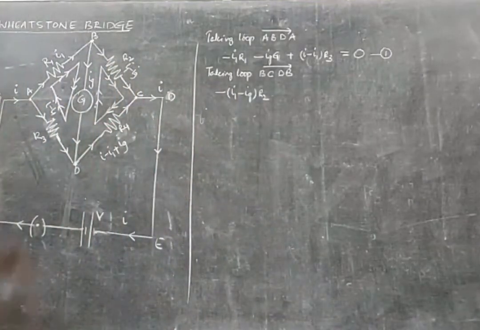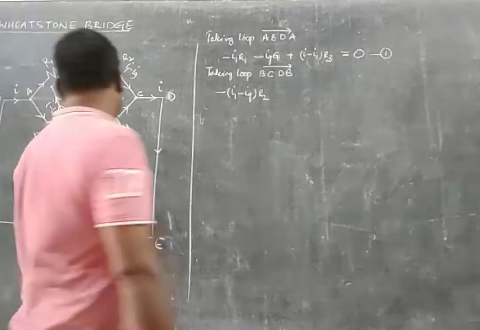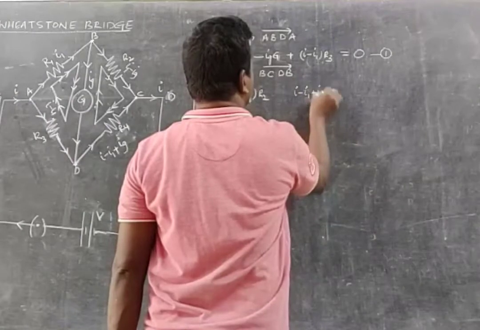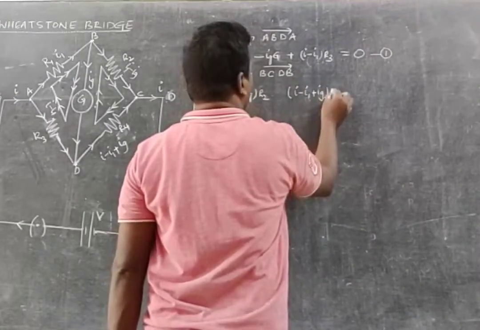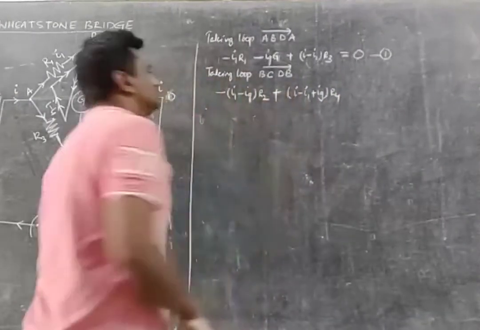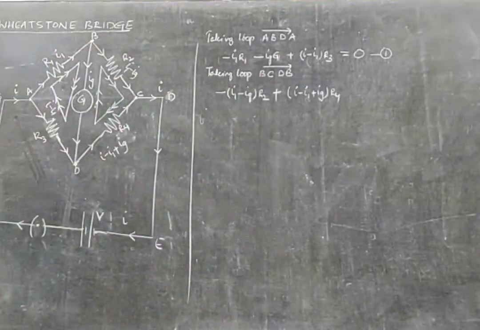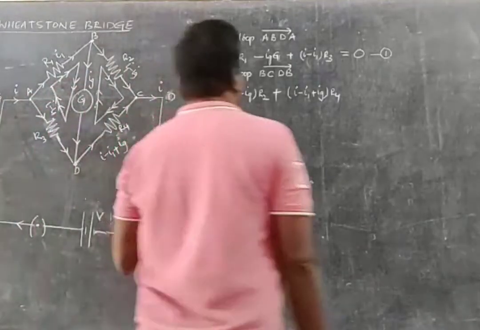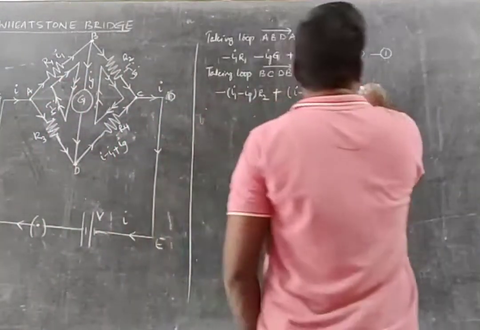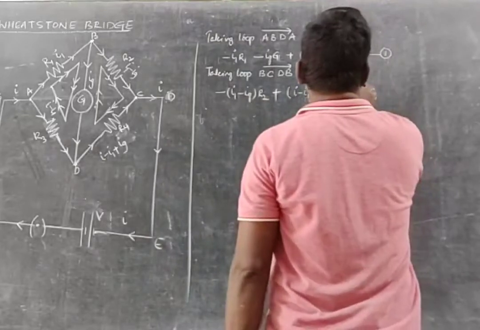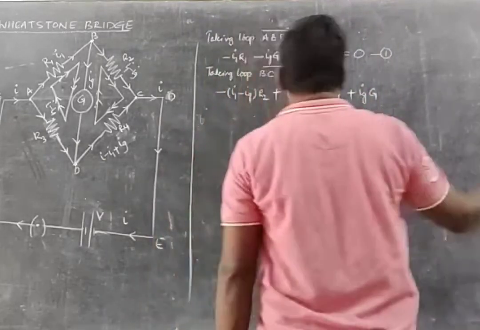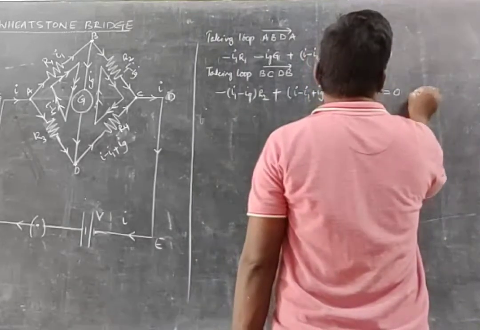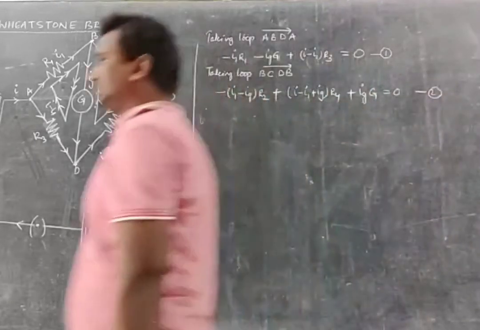Again, from C to D, the potential is I minus I1 plus Ig into R4. The direction is opposite, so positive. Now the last part, D to B, again the potential is Ig, G. They are in opposite direction, so positive, and the sum is equal to 0. This is my second loop, equation 2.